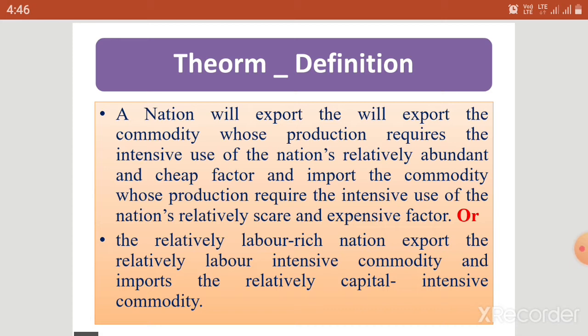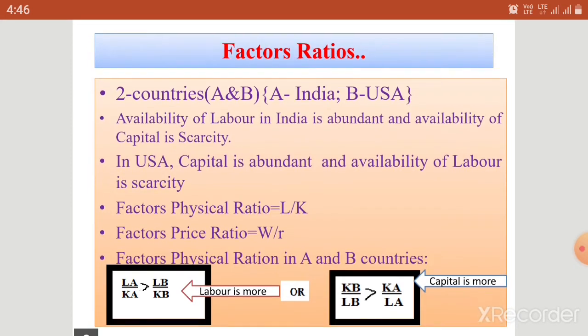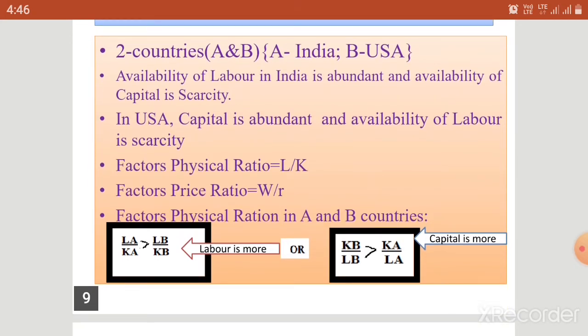At the same time, the good which is produced in another country, where the factor of production is very less available in your country, should be imported. We can understand this very clearly in the next slide.